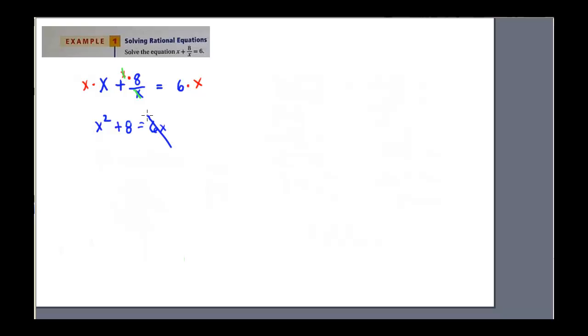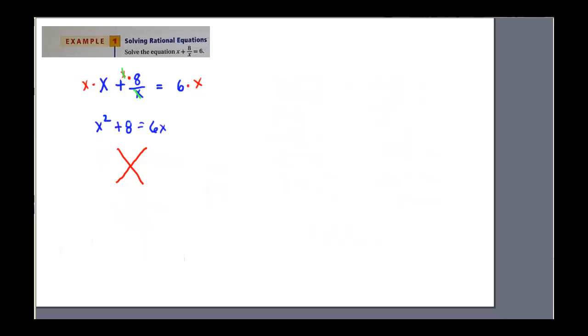Okay, I always use the x method when possible. I think I'm going to refer to the x method as the cross method. So I'm going to make a cross. Now, before I can use this method, I need to get everything on one side of the equation.